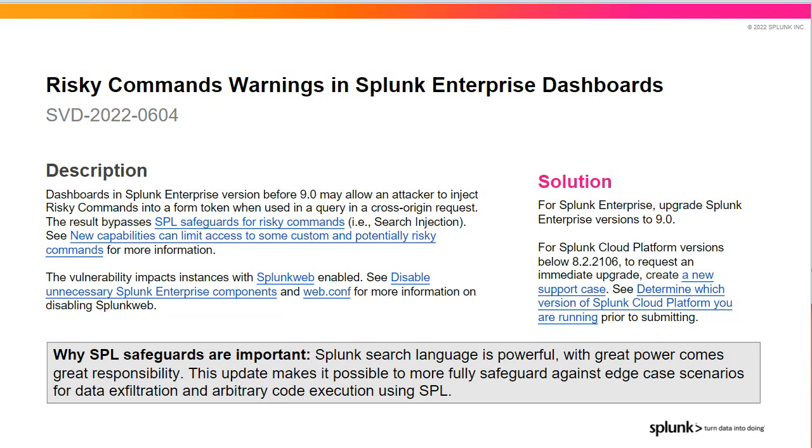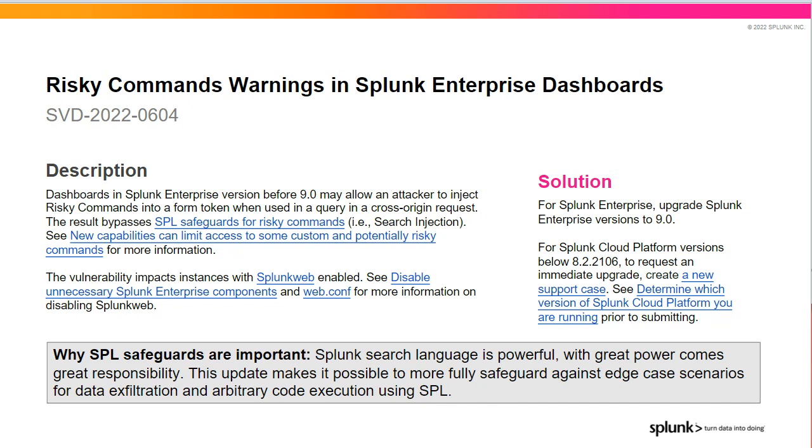For people who don't know, Splunk Enterprise contains built-in SPL safeguards to warn you when you are about to unknowingly run a search that contains commands that might be a security risk. Now, these warnings appear when you either click on a link or type a URL that loads a search with known risky commands.